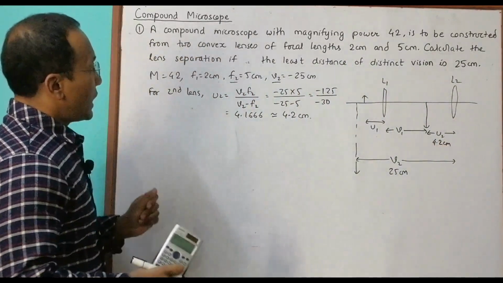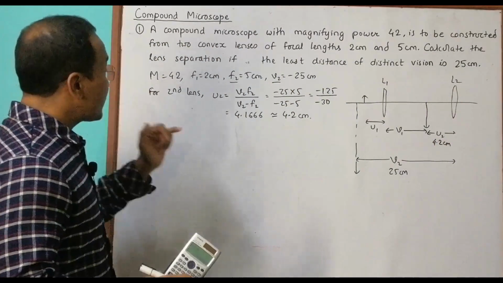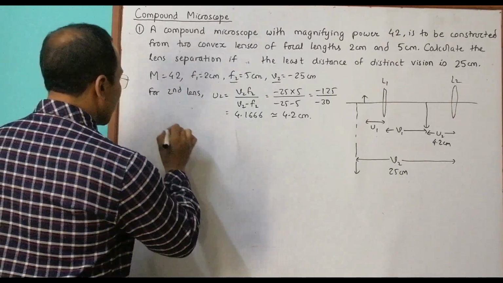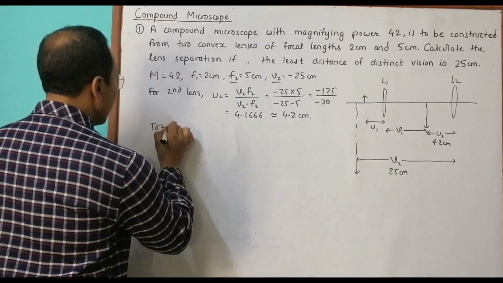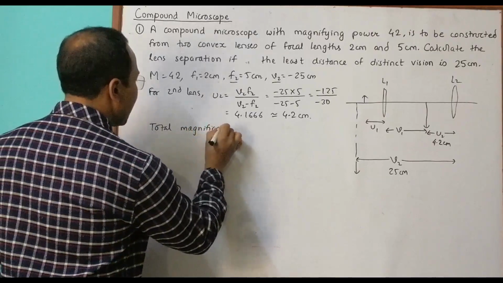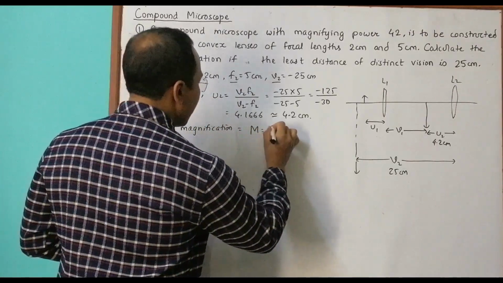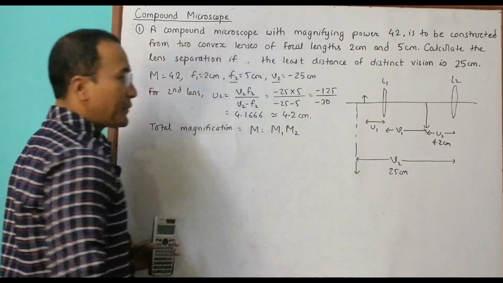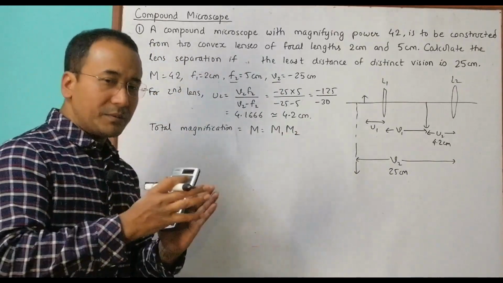Now we have been given the magnification. We have got this U2 and we have got the magnification. The total magnification is equal to the magnification of the objective into the magnification of the eyepiece. Magnification goes by number of times, so this number of times into this number of times equals this much.